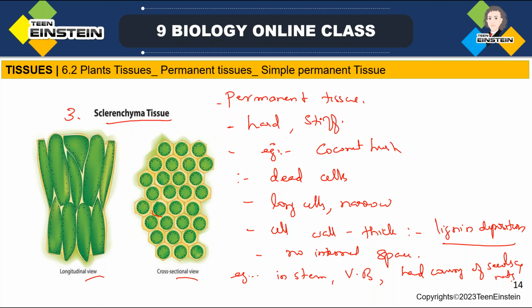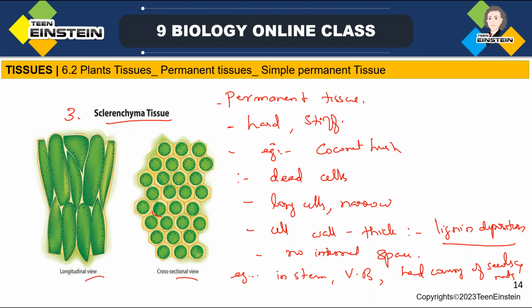There you can also see sclerenchyma. They are dead cells, and the cell wall thickening is due to lignin deposition. An example is the coconut husk, where you can see sclerenchymatous cells which are dead.